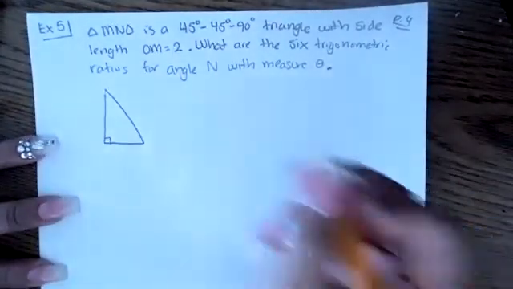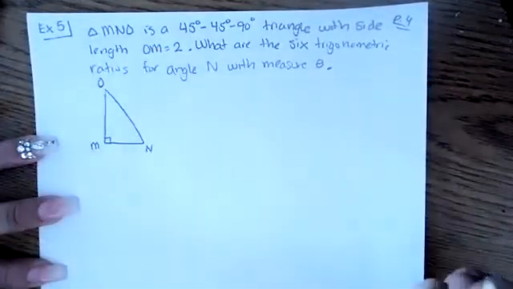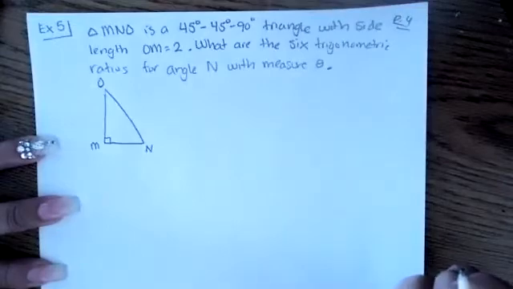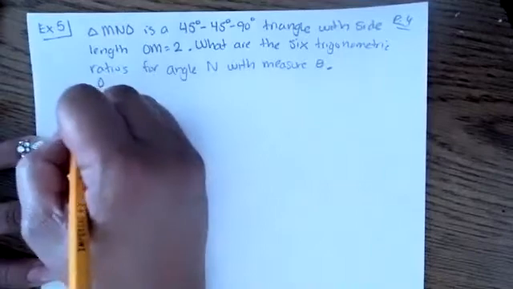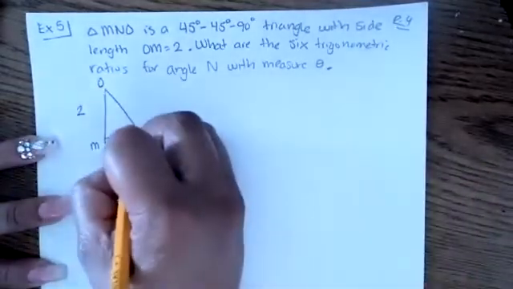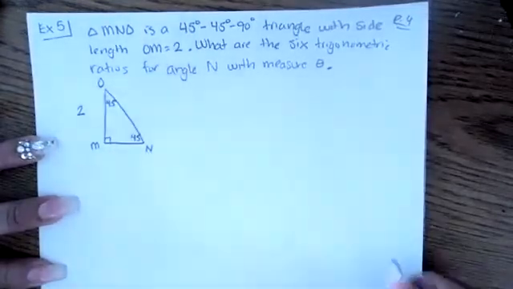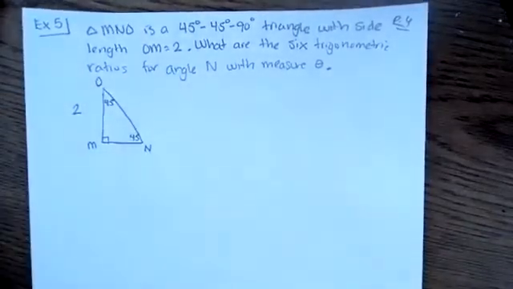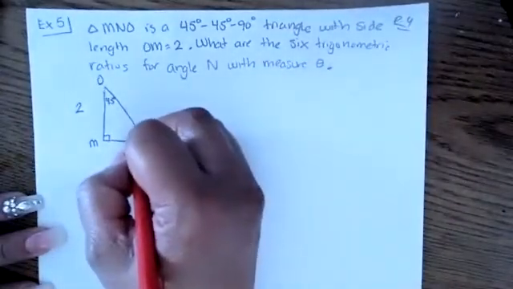So here I'm going to have OMN. I'm going to list what I know. I know that OM equals 2. This is a 45, 45, 90. And they're saying that the theta is going to be the N. So this is going to be your theta.